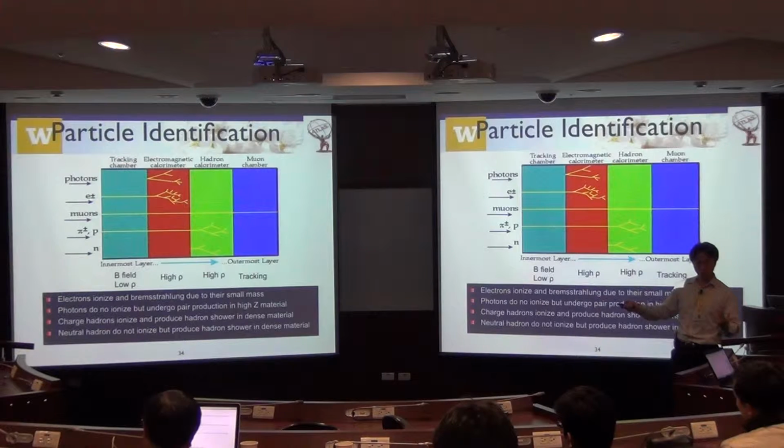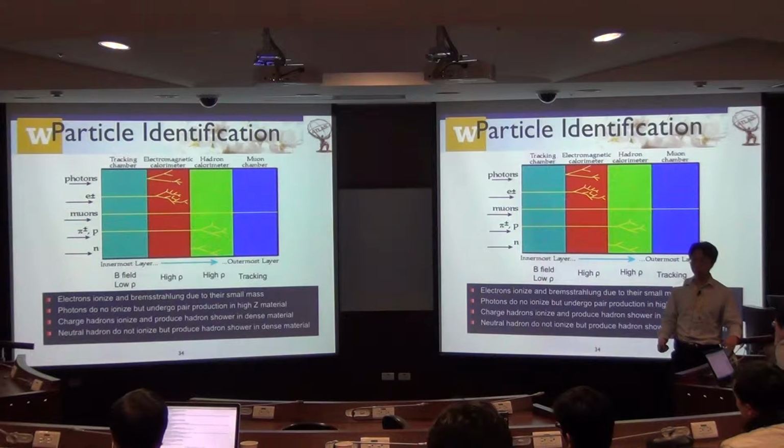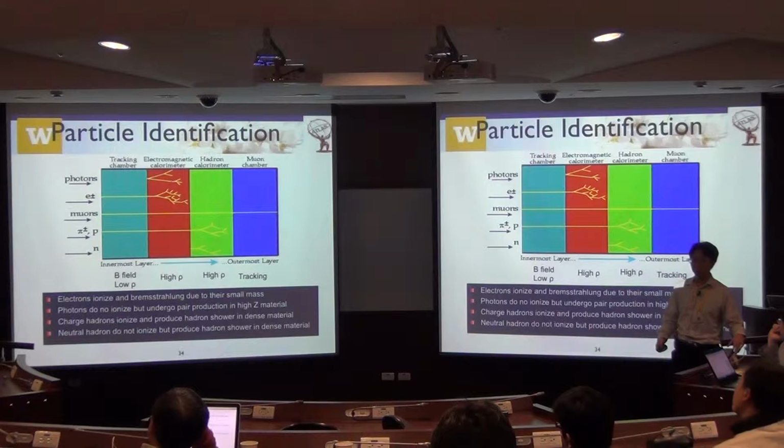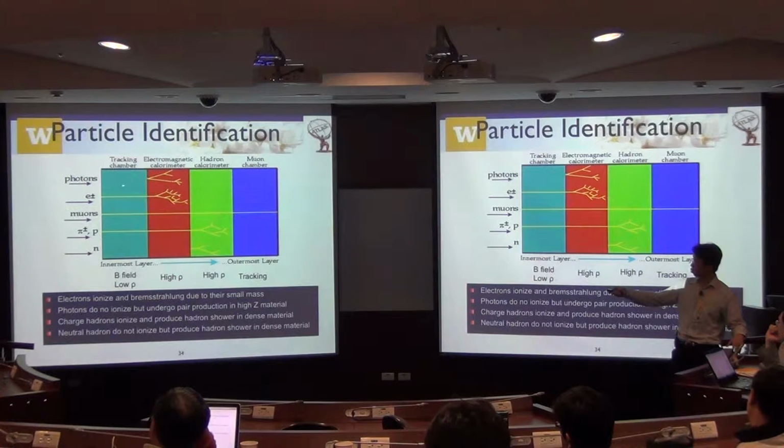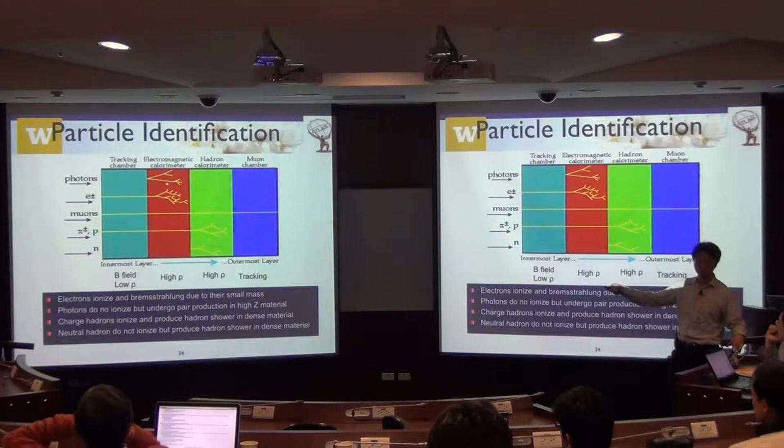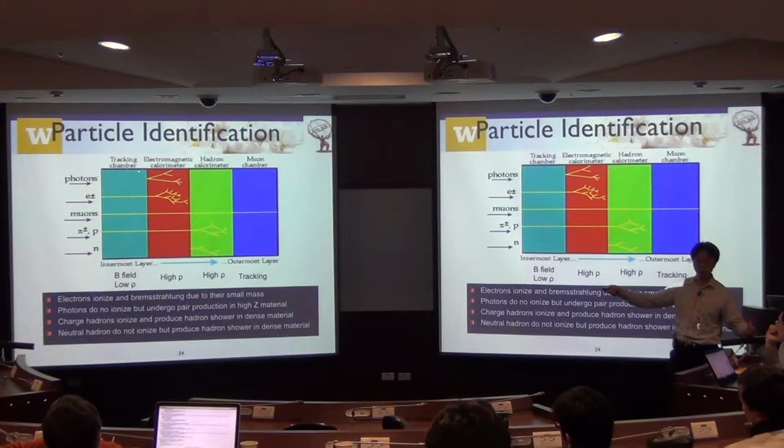Just to give another review. If it is a photon, it has no charge, so it will not have the ionization of the molecules inside the tracker. So you have no trajectory, but it will initiate an EM shower in an EM calorimeter. So you can see it based up here.